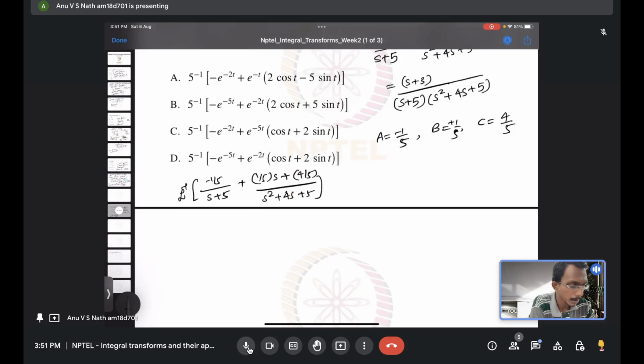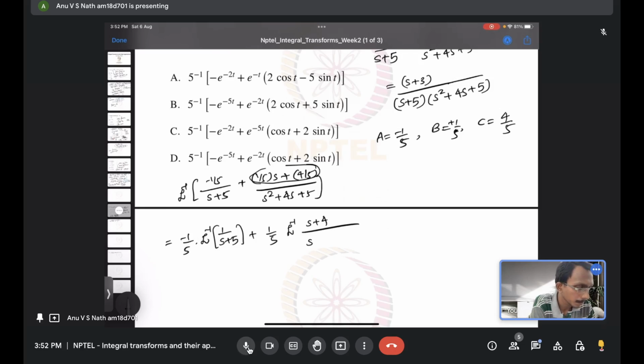Because of the linearity I can split, also the constants I can take outside. So minus 1 by 5 times Laplace inverse of 1 by s plus 5, plus, from both of these terms I am taking 1 by 5 outside, 1 by 5 times Laplace inverse of s plus 4 divided by s square plus 4s plus 5.